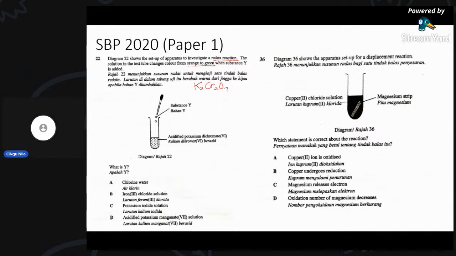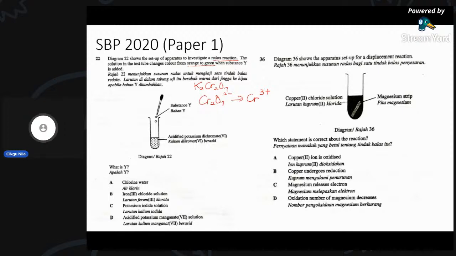Cr2O7 2- changes to Cr3+ ion, and Cr3+ is green. So if you observe over here, reduction has taken place. How do you know reduction has taken place? You can calculate the oxidation number of chromium.